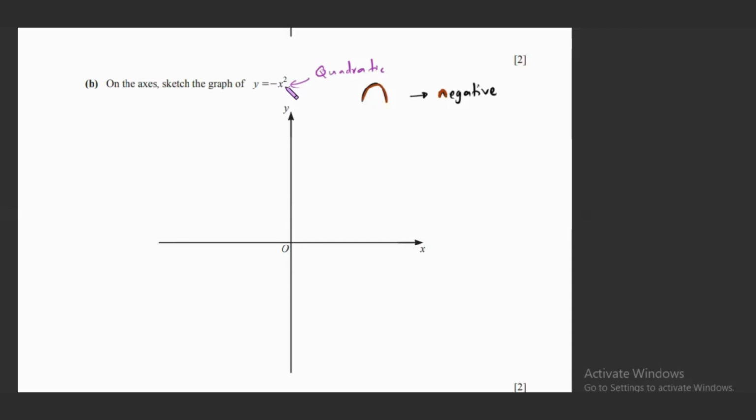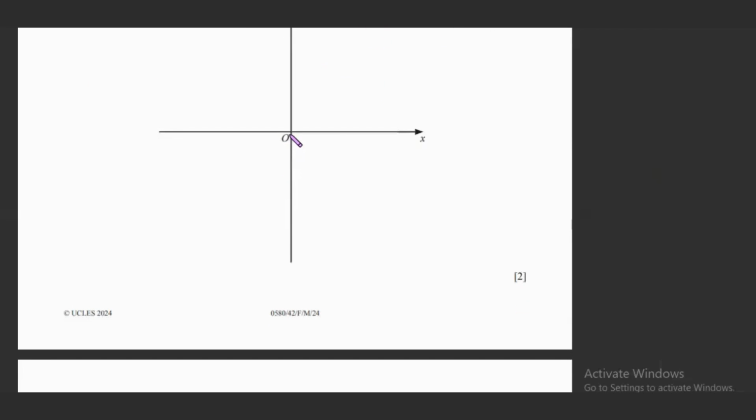Here the y-intercept is going to be 0, which means the graph that we would draw would be in the shape of an n like this. It will be a symmetric graph.